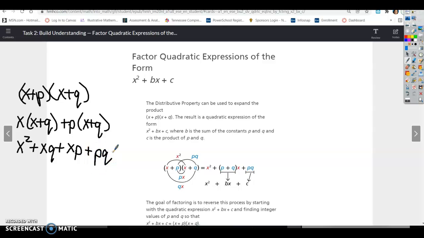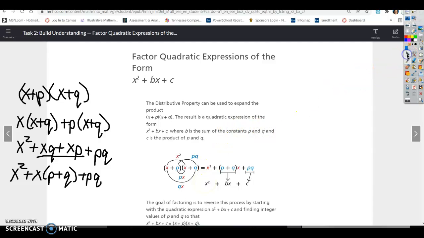You can see that these have a common factor, so we've got x squared plus x times p and q. The order doesn't matter because of the commutative property, so q plus p is the same as p plus q, and then plus pq. What I have written here is what they have, and it's just another way to look at factored form.